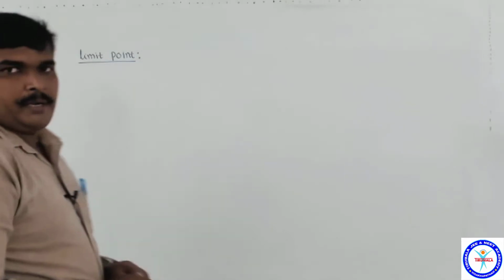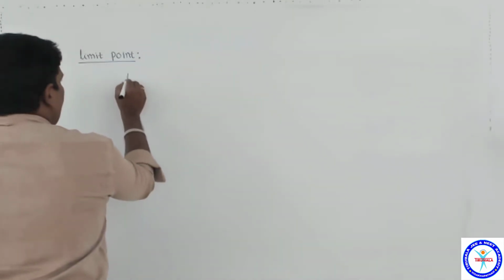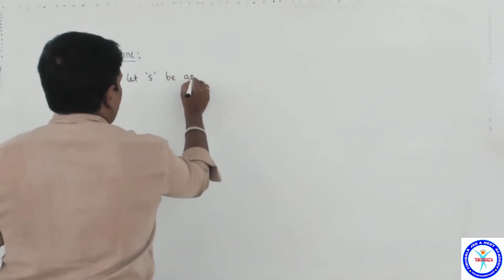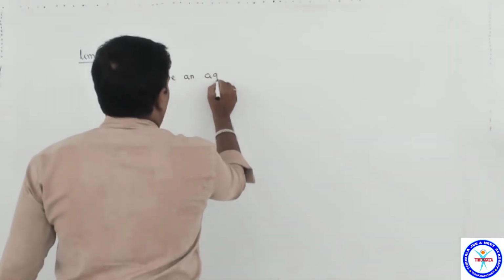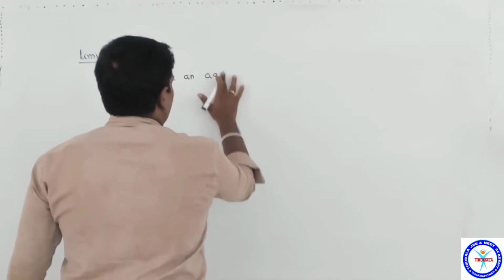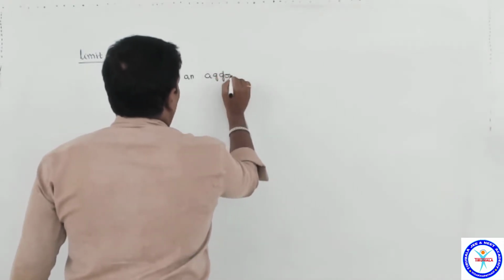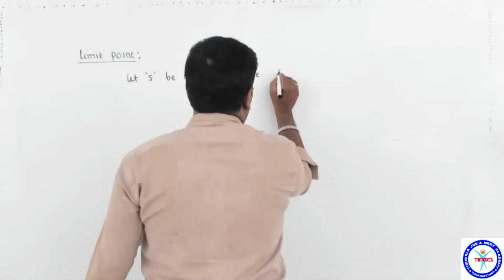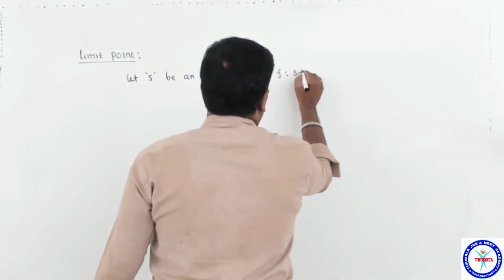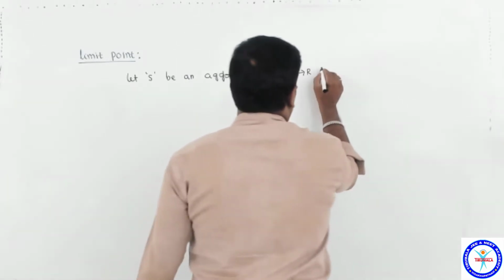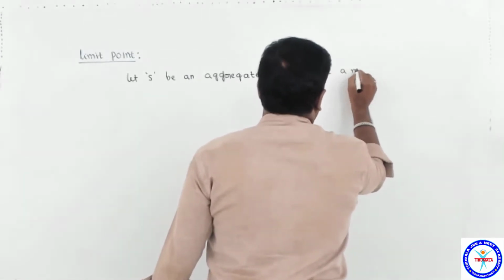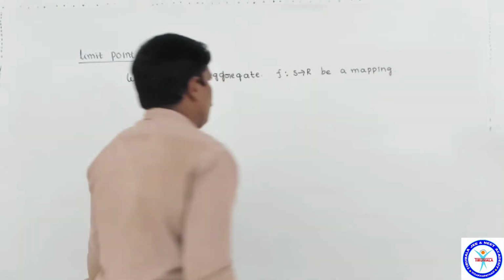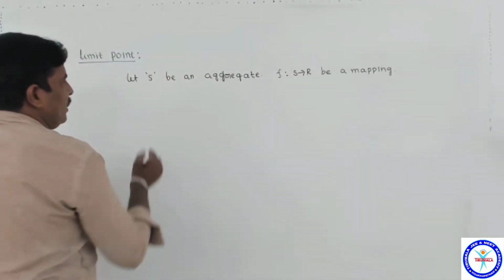Limit point. Let S be an aggregate and f from S to R be a mapping.